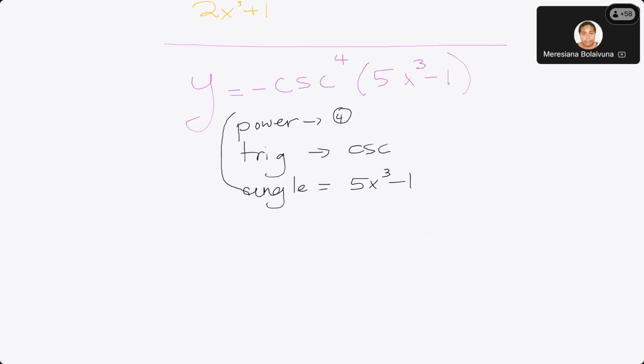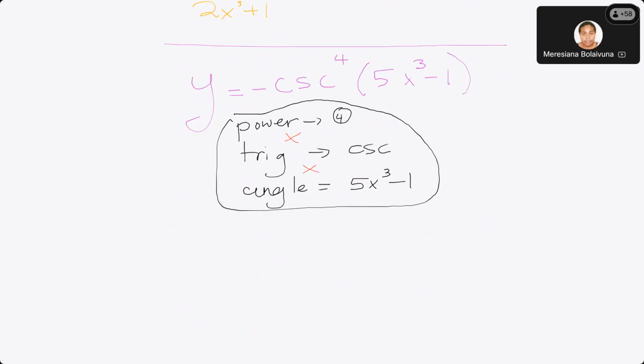So this is chain rule. First you differentiate the power, and then you differentiate the trig, and then you differentiate the angle, and then multiply by the derivative of the angle.